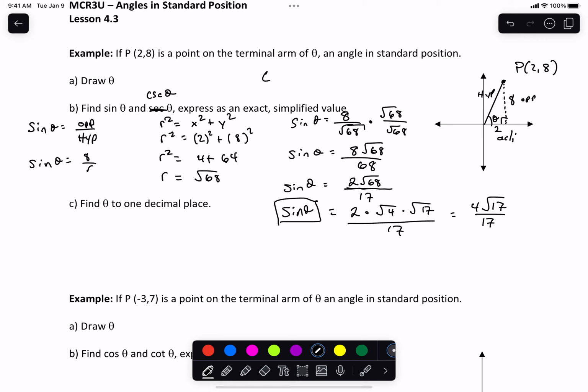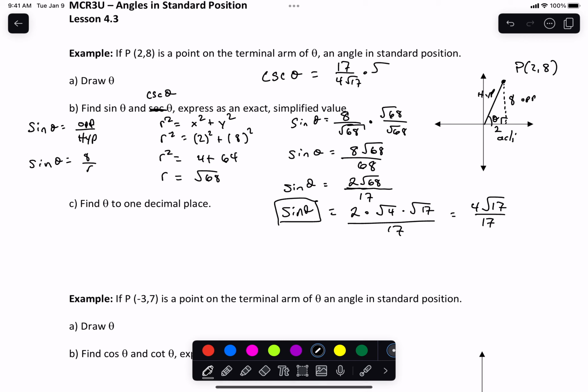So the cosecant of theta is going to equal 17 over 4 root 17. Are you getting full marks for that? Why? There's a radical in the denominator.